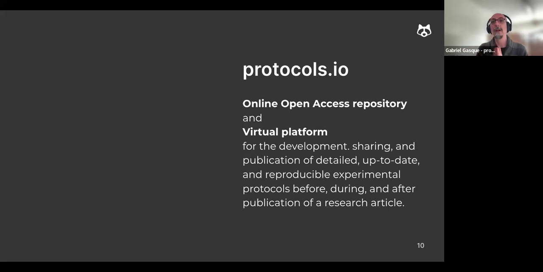For journals, publication is different, because for journals, publication is the result of the peer review process. However, as we will discuss later on, protocols deposited in protocols.io are citable and can be part of a peer-reviewed publication, or even they can be peer-reviewed as stand-alone methodological articles.